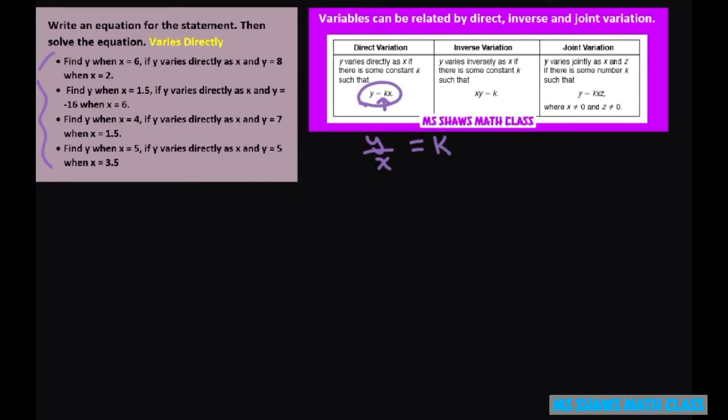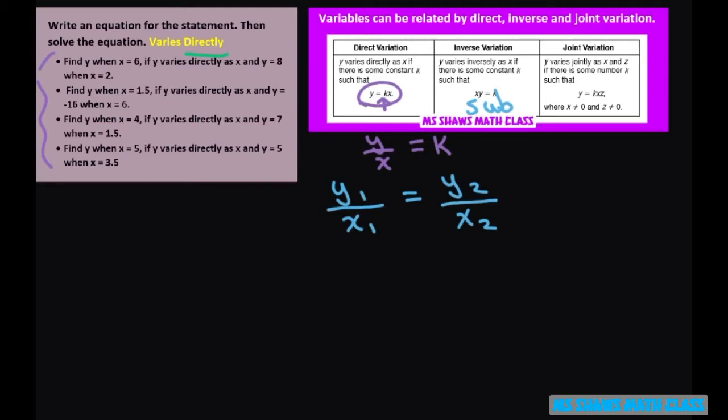So let's write our equation as y sub 1 divided by x sub 1 equals, and I'm saying sub for subscript, y sub 2 divided by x sub 2. Direct variation is what you're used to doing when you set up proportions usually. But you just didn't know it was direct variation.